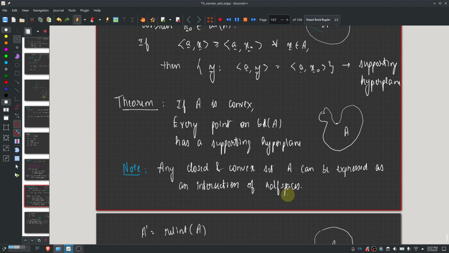Which is not necessarily true if the set is not convex. In fact, it is not possible if the set is not convex, because a half space is a convex set, and the intersection of arbitrarily many convex sets will always give you a convex set.